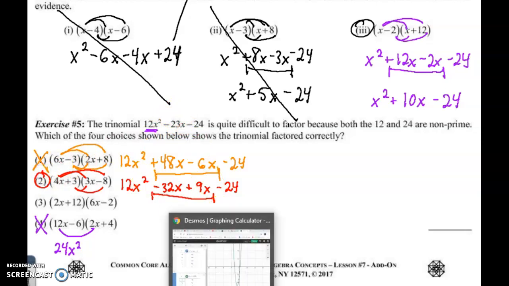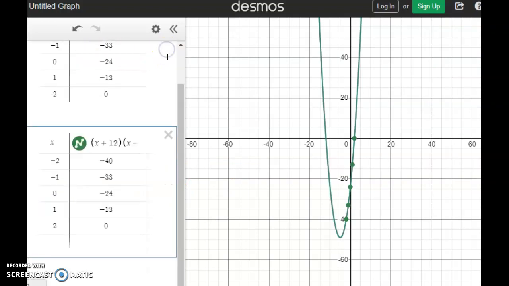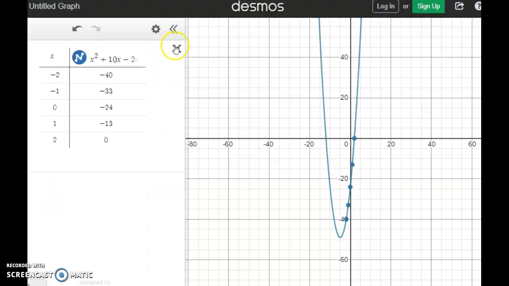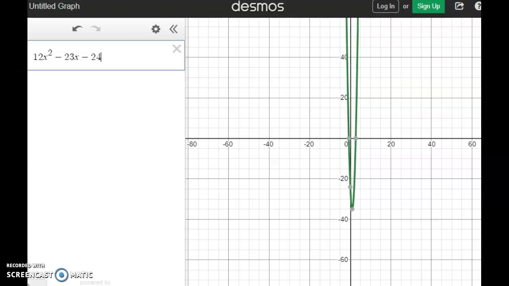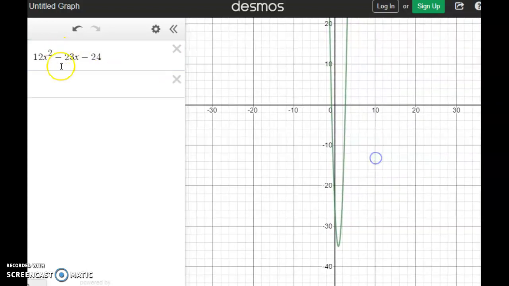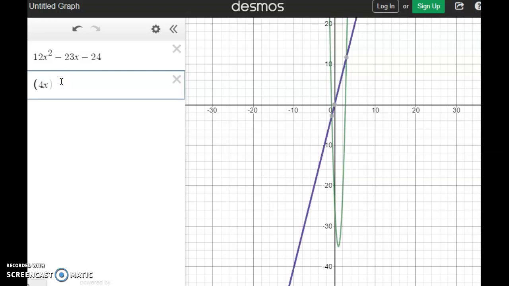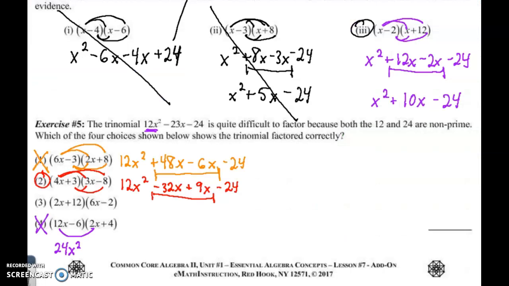So Desmos it is. Let's close out of this. And again, just type in the way it looks. All right, you might want to zoom in a little bit just to see what that parabola looks like. I believe it was 4x plus 3.